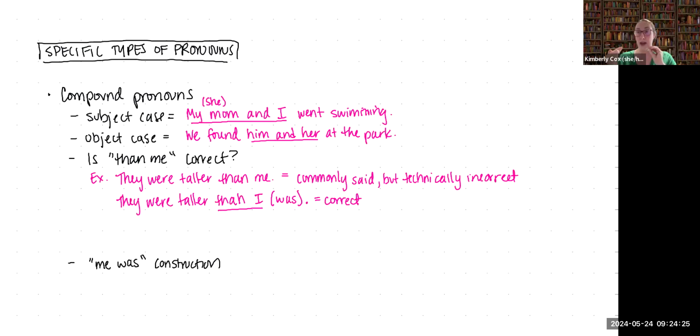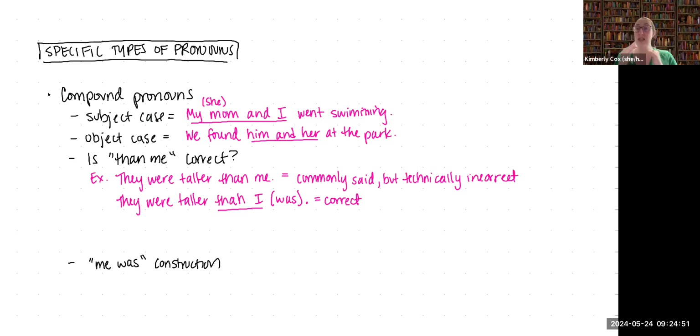So we want to compare one subject to the other subject. And so that's why we would say taller than I, because really we're using than to compare two complete sentences, right? They were taller than I was tall. They were taller than she was tall. If we finish the sentence, it's going to sound really weird.